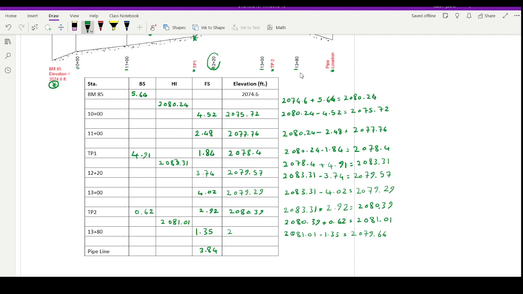I write it in here. And the last elevation, which is elevation at the pipe, is 2081.01 minus 3.84, and that will give us the final elevation, 2077.17.